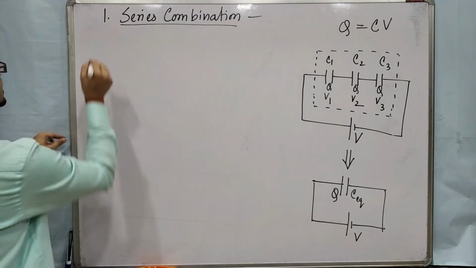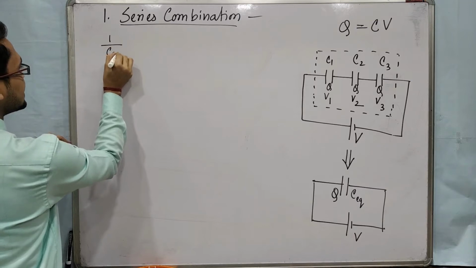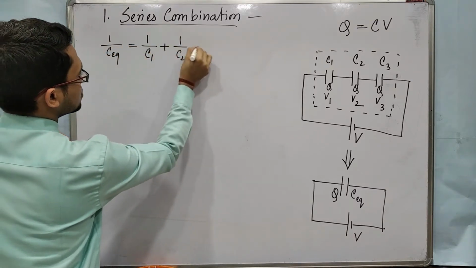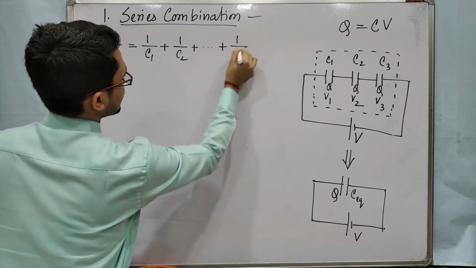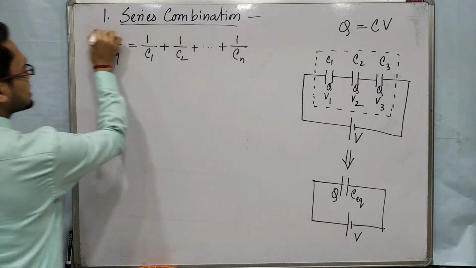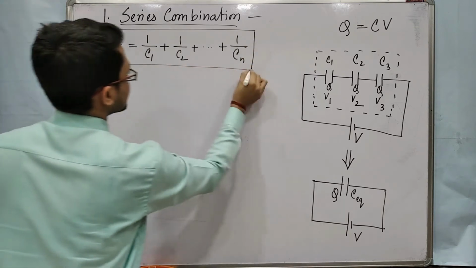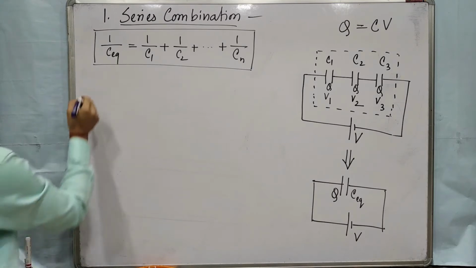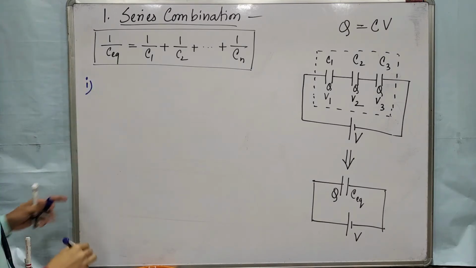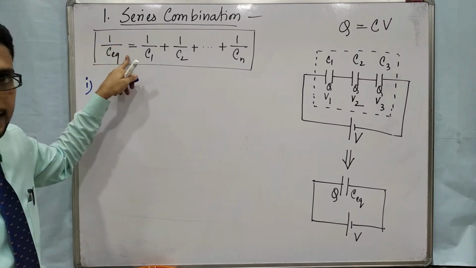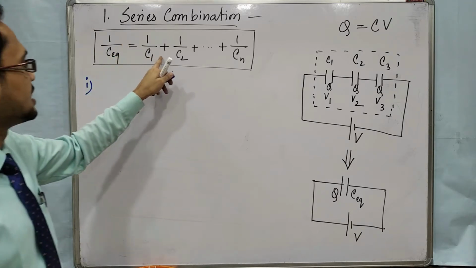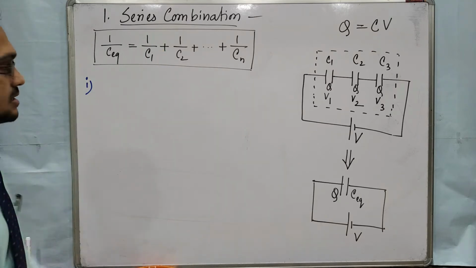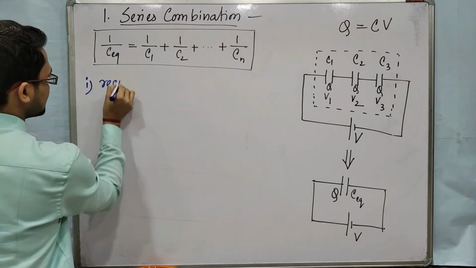Our formula is 1 by C equivalent equals 1 by C1 plus 1 by C2 plus ... plus 1 by Cn if there are n capacitors in series. Now, what are the important points here? First point: the reciprocal of equivalent capacitance is equal to the addition of the reciprocals of the individual capacitances.